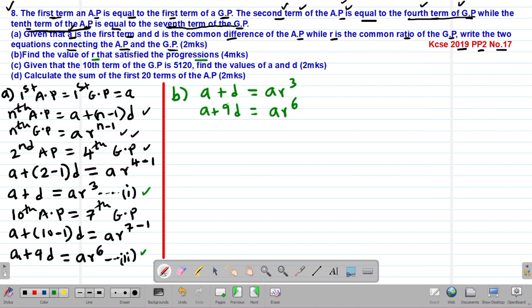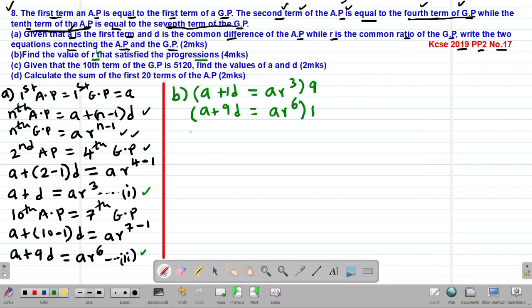So I want to eliminate D, because remember we are required to find R. Therefore, we don't need a D in this particular equation. So to eliminate D, I'm going to multiply the first equation by 9, so that I'll end up with 9 multiplied by D to give me a 9. Remember the coefficient here is 1. So I'll just interchange. The first equation, I multiply it with 9. Then, of course, the second equation, I multiply it with the coefficient of D, which is 1.